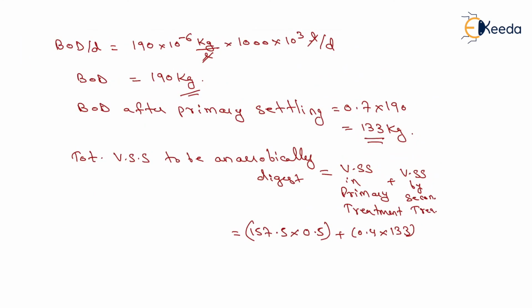So if we have 133 kg BOD removed, it will be 0.4 into 133 kg, and the sum comes out as 131.95 kg of total volatile suspended solids to be anaerobically digested on a per day basis. That will be the final answer of this question.